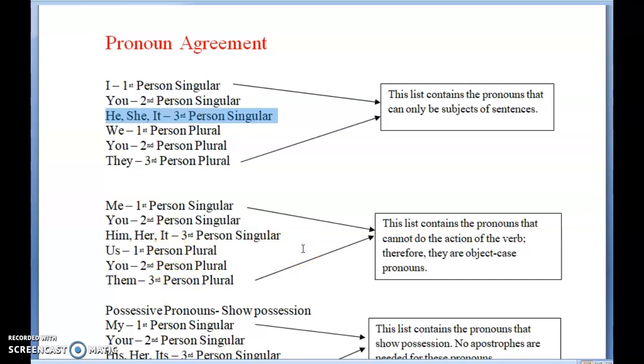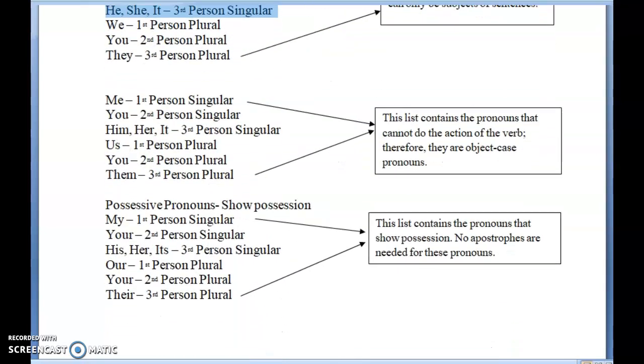So you want to make sure that you're using your pronouns effectively. Now, possessive case pronouns, they show possession, and they do not require apostrophes. Okay? So I just wanted you to have an idea what I mean by point of view.